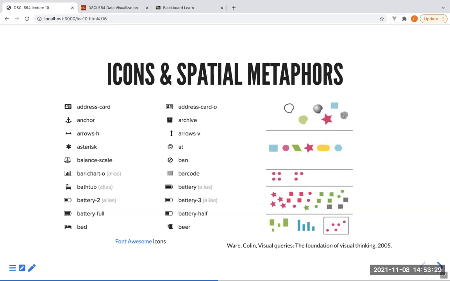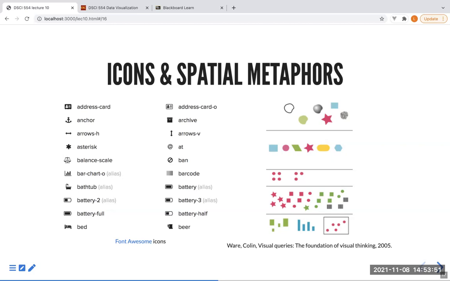And also in user interfaces. So, without knowing it, throughout dashboards and other interfaces that we're interacting with, there are a lot of symbols that are used.